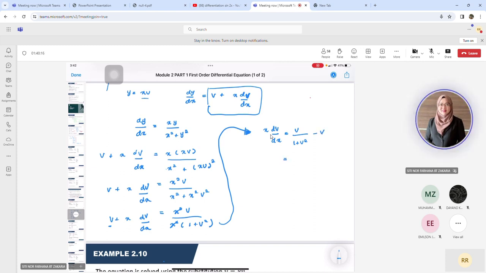So this one simplified kan dia, you akan dapat, ini boleh multiply naik atas 1 plus v power of 2. So you akan dapat 1 plus v power of 2 x dv over dx.